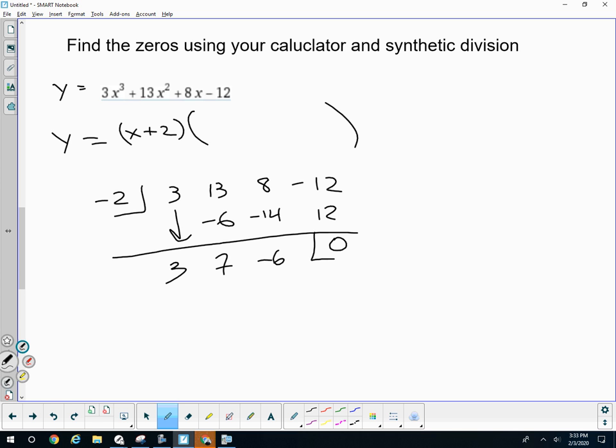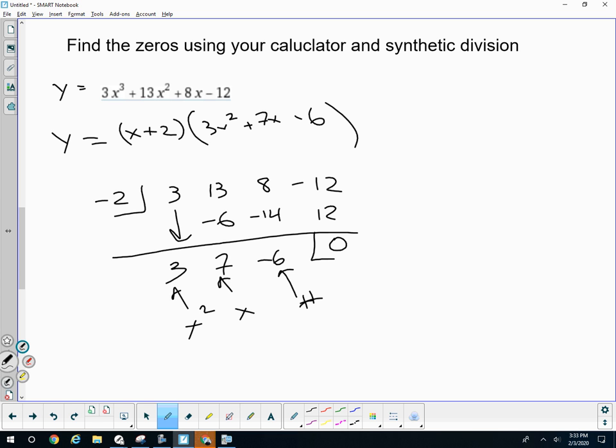Okay? Remember, number x squared. This is from last unit, right? Okay, good. So I know x plus 2 times that gives me 3x cubed plus 13x squared plus 8x minus 12.